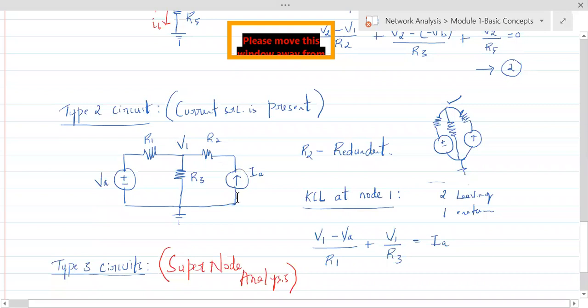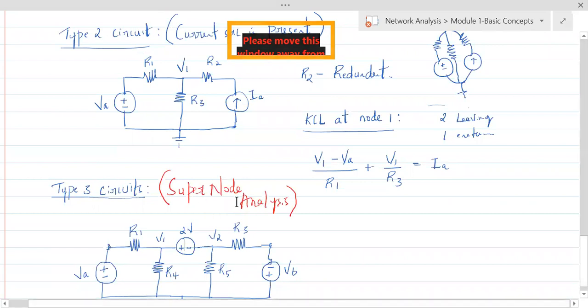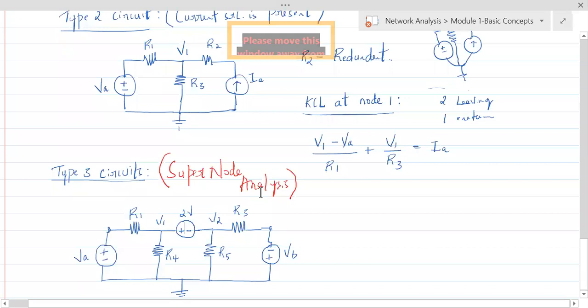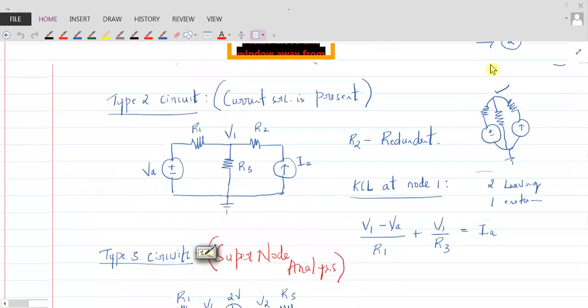Today let's understand the type 3 circuits, wherein the concept of super node analysis comes. When we used to go with super mesh, there was a current source in between the two meshes. What is super node? Having a voltage source in between the two nodes.